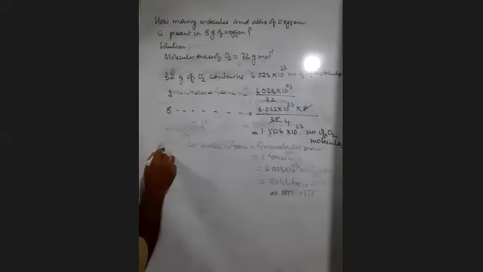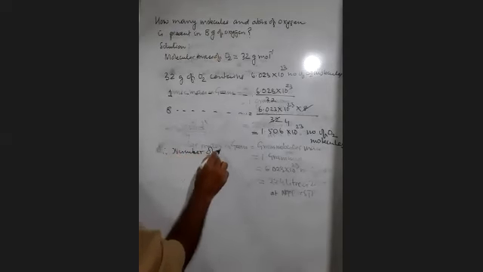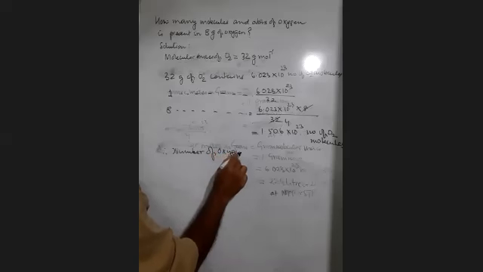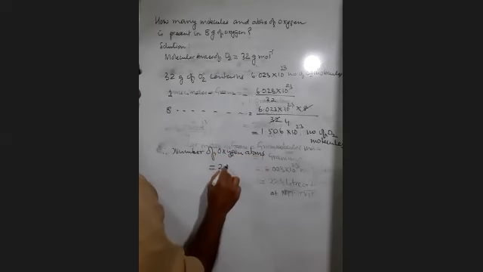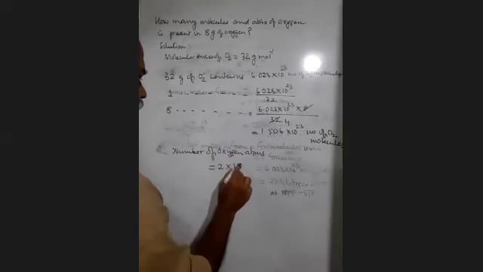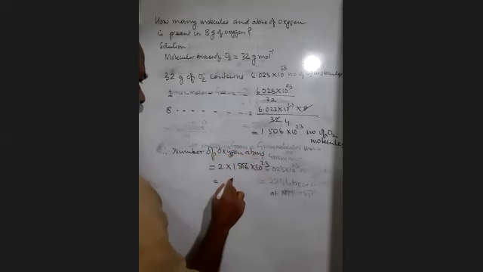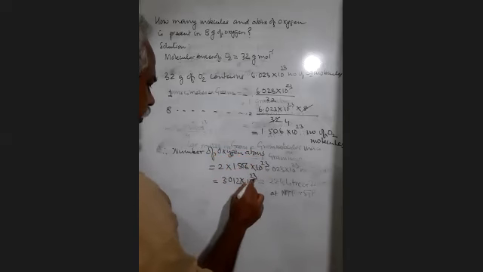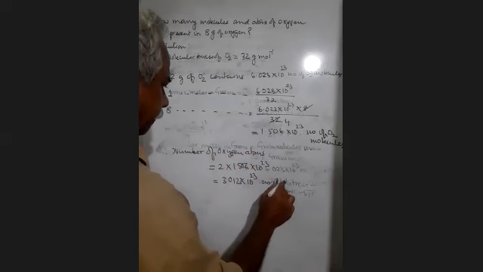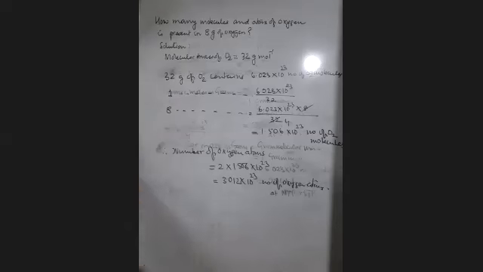Therefore, the number of oxygen atoms will be 2 into 1.506 into 10 to the power 23, which comes to 3.012 into 10 to the power 23 atoms.